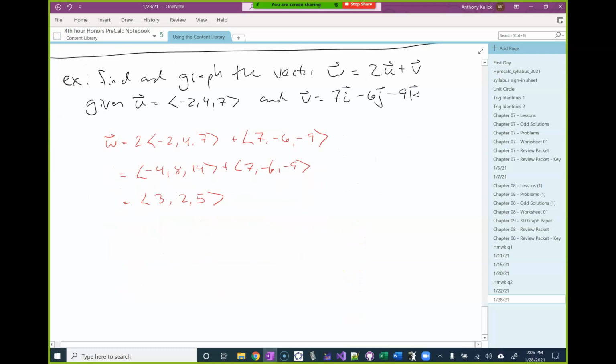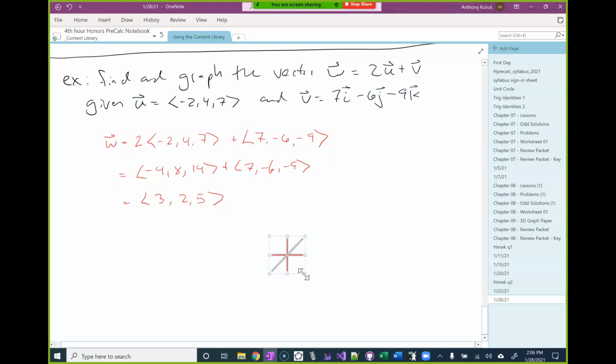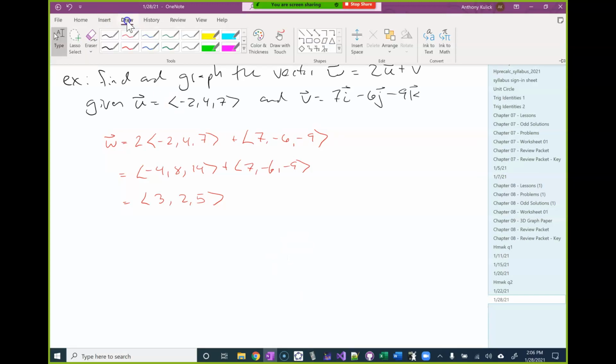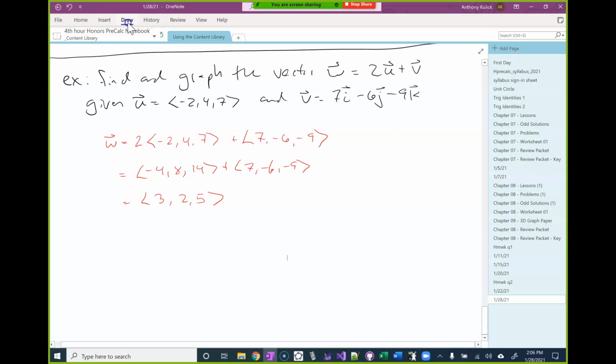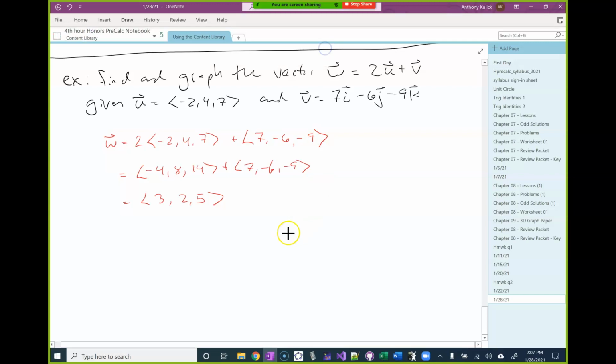Okay. So then we are also asked to graph that vector. So how are we going to graph this vector? The same way that we would have graphed the vector in 2 dimensions. Well, we graphed a point, but this is a vector, but it's very similar.